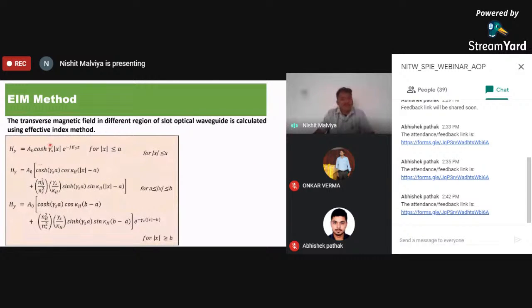Similarly, we have calculated the magnetic field, and once again I compared our results with the simulation software, and they agree very well.